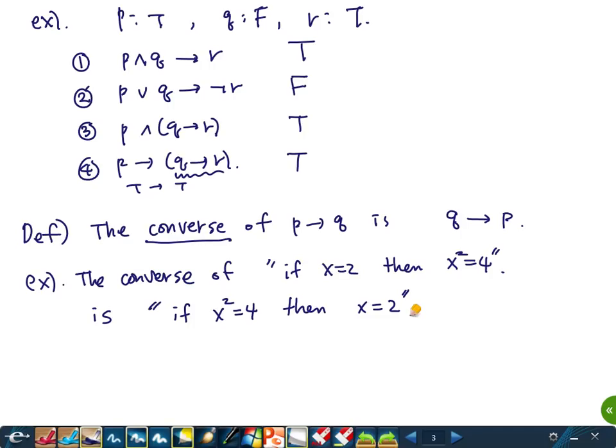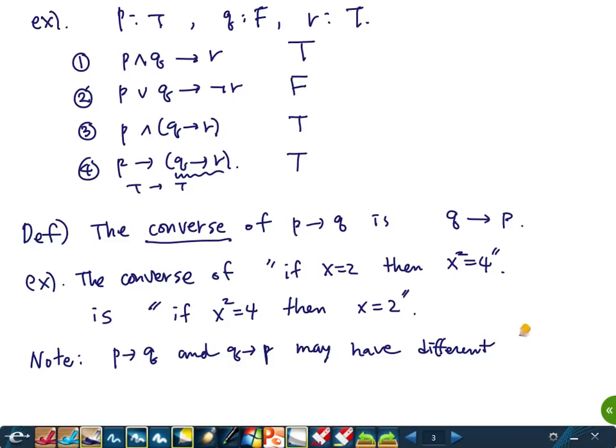Note: the truth value of the converse may be different from the original conditional proposition. If P then Q, and its converse, may have different truth values. For instance, is this true? If x equals 2, then x squared equals 4.